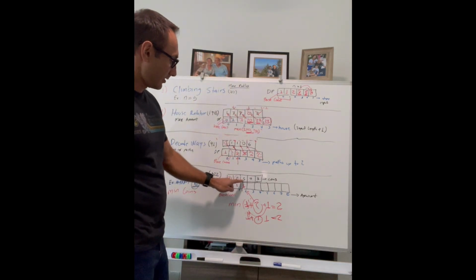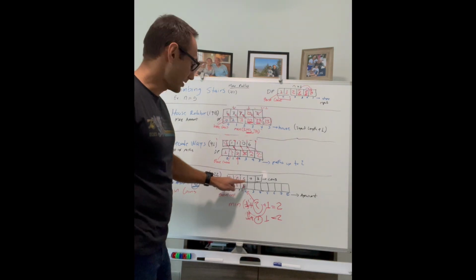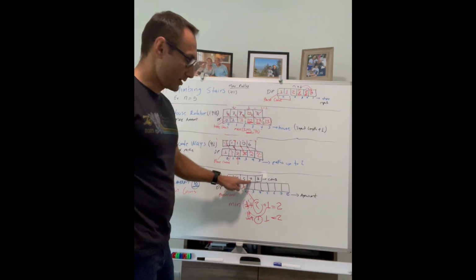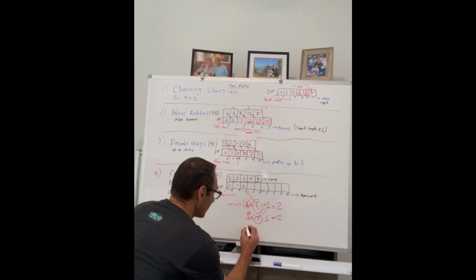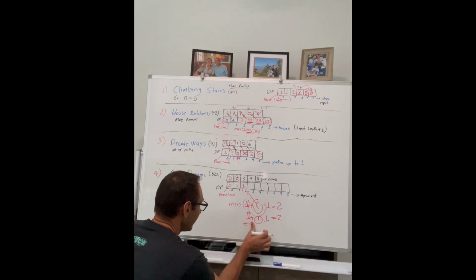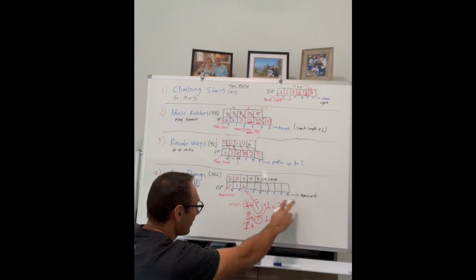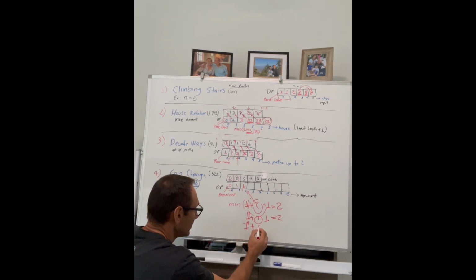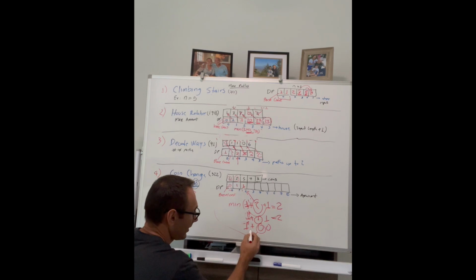Now, I'm gonna get 5. It's gonna be out of bounds. I can't use that. 4 is gonna be out of bounds. 3. So 3 is gonna be, again, 1 coin of $3. How much do I have left to get to amount, which is 3? 0. The solution for 0 is 0 coins, right?